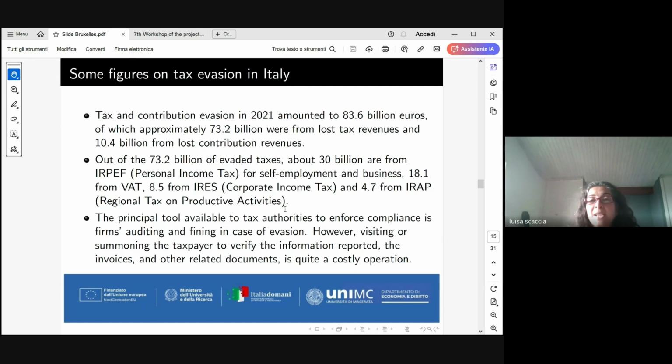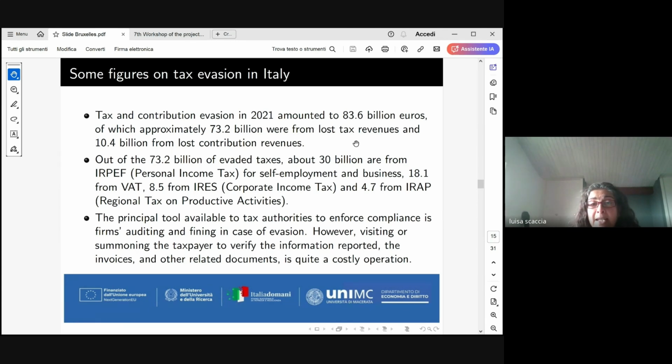In 2021, tax and contribution evasion amounted to something like 83.6 billion euros. And most of it, 73 billion, was from lost tax revenues. And most of tax evasion is due to firm tax evasion.